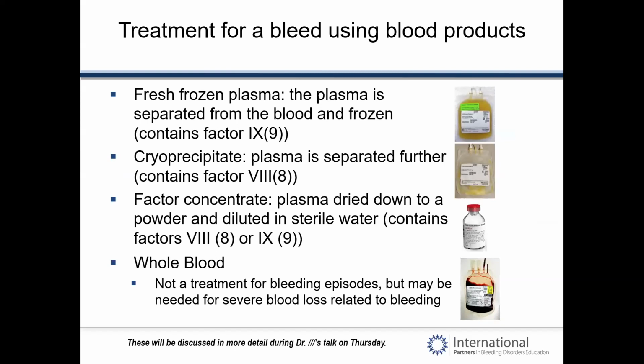Cryoprecipitate, you need to know that the patient is hemophilia A because it is concentrated with factor 8 only. Factor concentrate is plasma dried down to powder and diluted in sterile water, and contains factor 8 or factor 9. These ones are available.